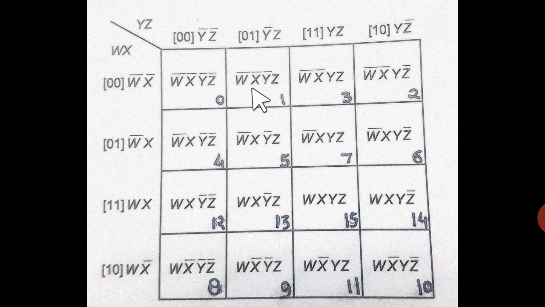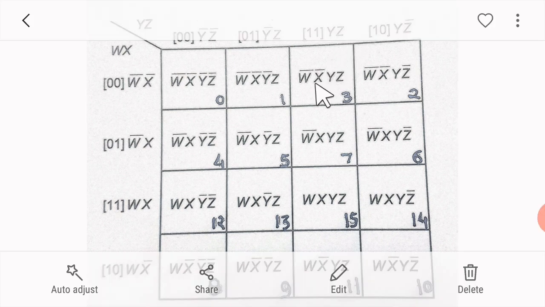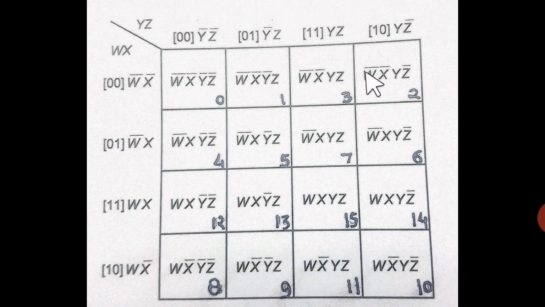Z is not complemented. Alright, then similarly we move ahead in the same row, w' x', column is yz, so it's going to be w' x' yz. Now we move towards the last column of the first row, w' x', and due to the column it gets w' x' y z'.